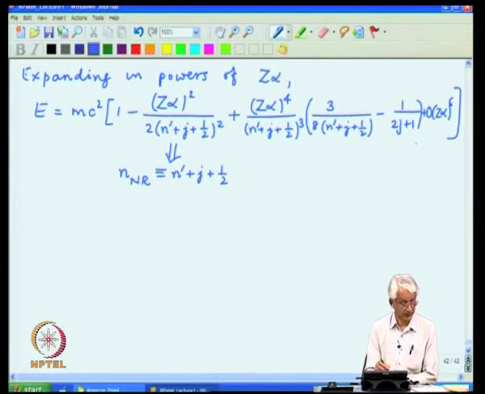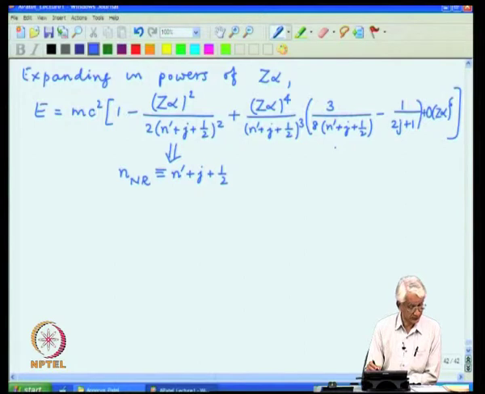and then there is a fine structure term, and then still higher orders can be calculated if necessary, but in particular this fine structure term does match with experimental observations.